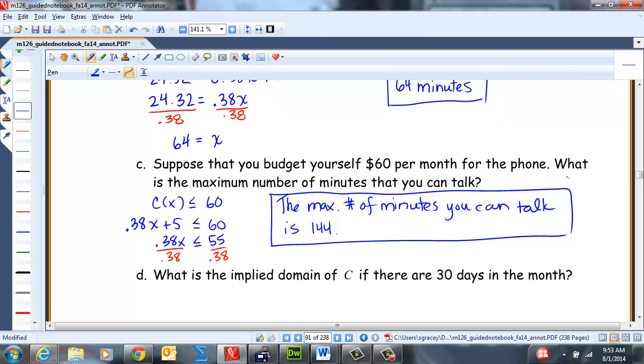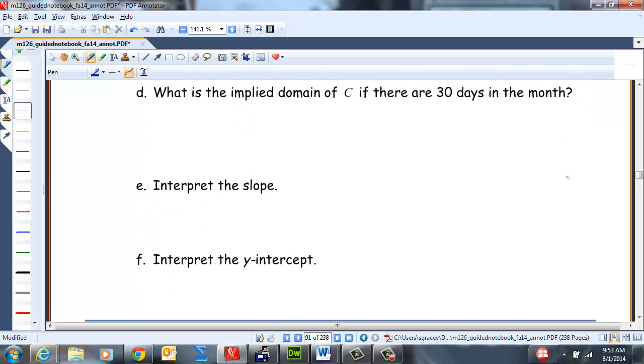So basically, we need to figure out how many minutes are in 30 days. So 30 days times, I'm going to do a little figuring before we get to minutes.